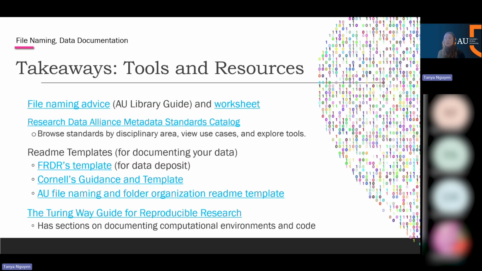Okay, so we went quickly through the file naming and documentation of data. As I mentioned, Robin has created some worksheets on file naming and how to create a README file.